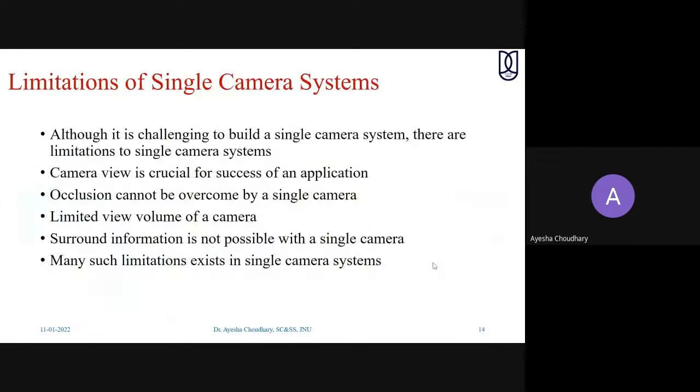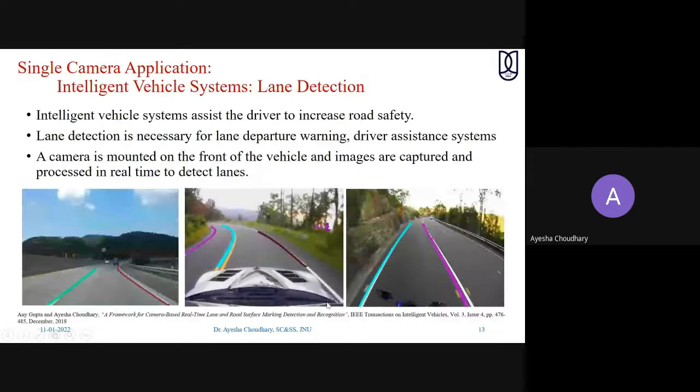So if you see, there are lots and lots of applications of single cameras that exist. However, there are a lot of limitations also. One of the biggest limitations of a single camera application is that the view of the camera is limited. It works well in this case when you're trying to do lane detection only in front.